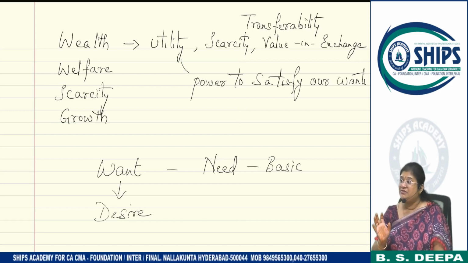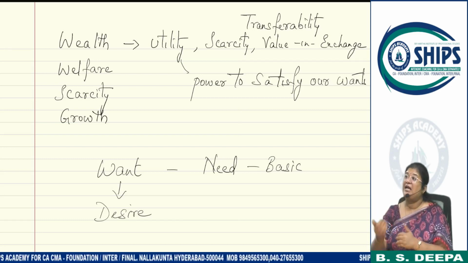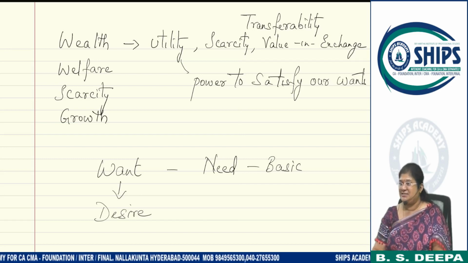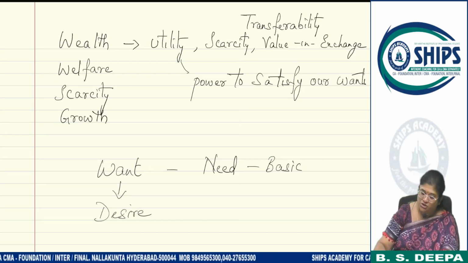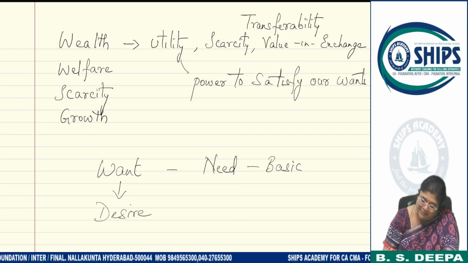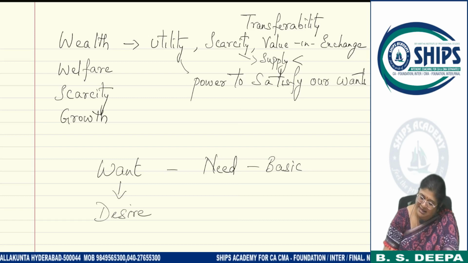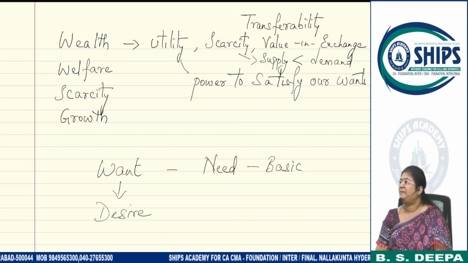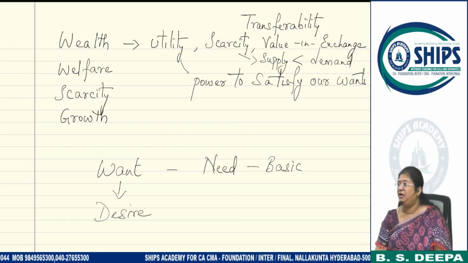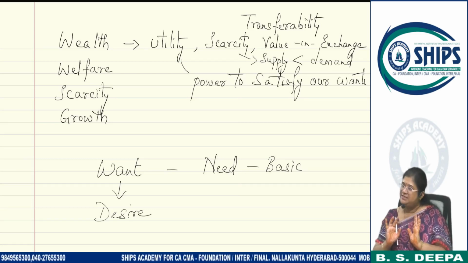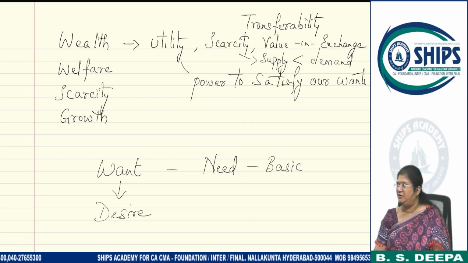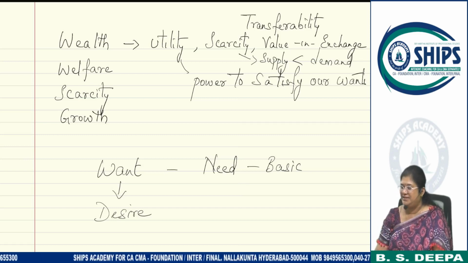So in economics, we call it supply being lesser than demand. Scarcity is supply lesser than demand. We will come back to these terms demand and supply in a short while.